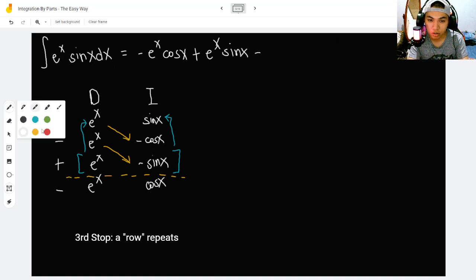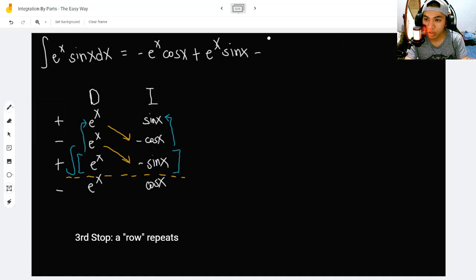the integral of this. So it's the same as the second step. We have to integrate the product of the last row, rather. But we can do something nice here. So we put the integral of e to the x sine x dx.